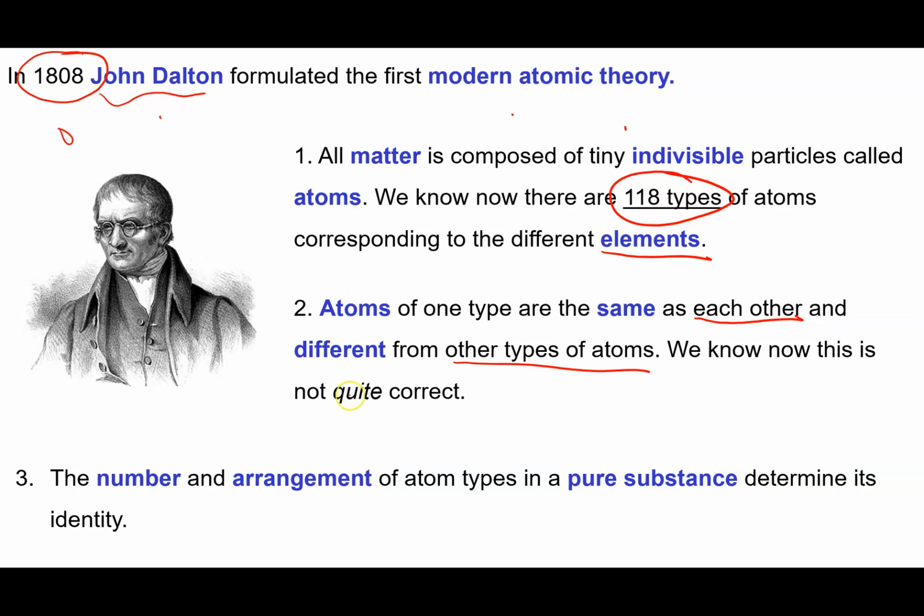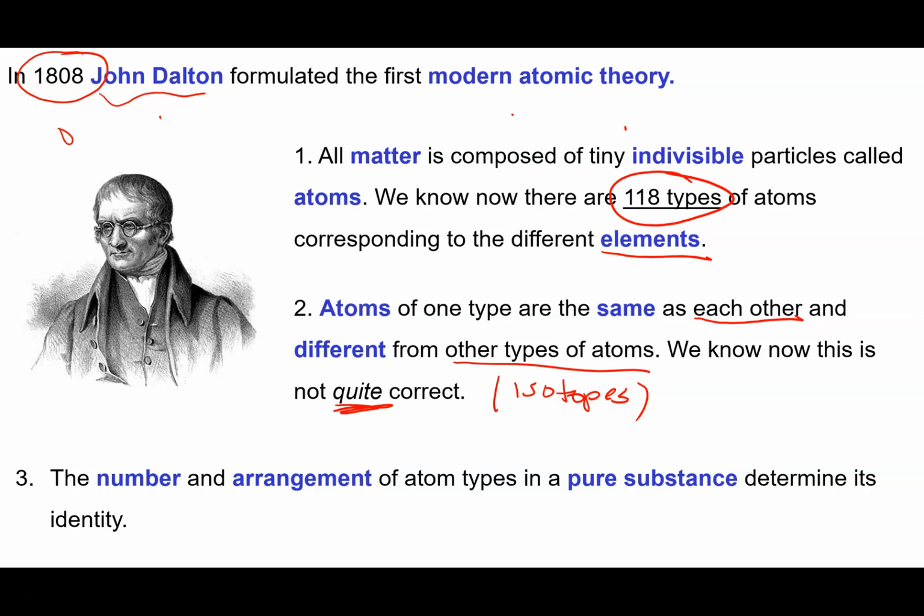Now, what we now know is that this is not quite correct, and that there can be families of atoms of a different type, and we call these isotopes. We're going to learn a little bit about that later on. So what I'm really getting at here is that we now know, for example, that there are 3 different types of hydrogen atoms. Dalton didn't know that. We'll explain how we get these 3 different types later on.